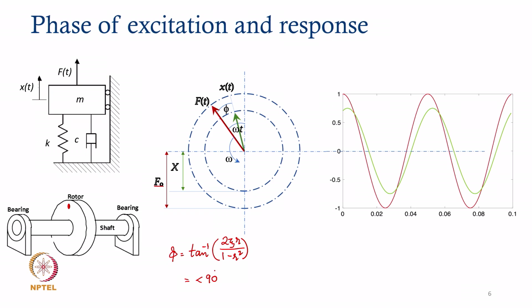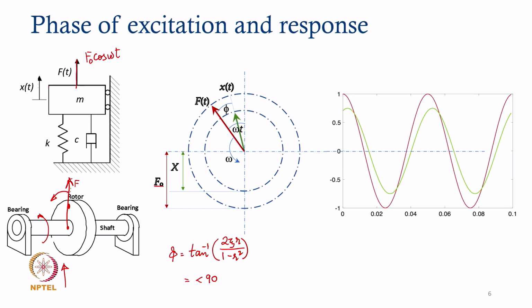If we have an excitation force in the form of an unbalance, denote this as F, it is going to spin with the rotation of the shaft, changing its orientation continuously, and that is going to excite this vibratory system, which you can show as a mass, spring and dashpot subjected to a harmonic excitation force F naught cosine omega t.